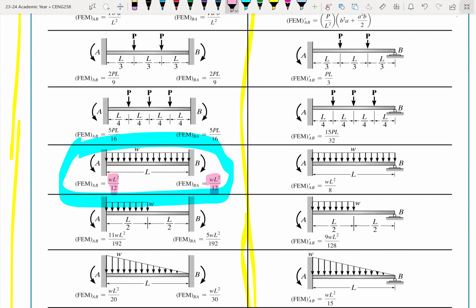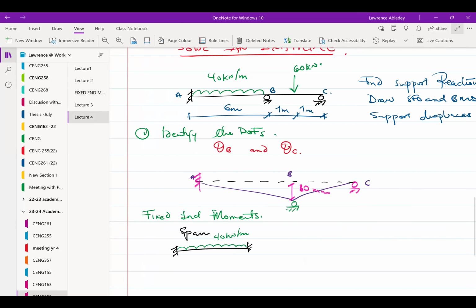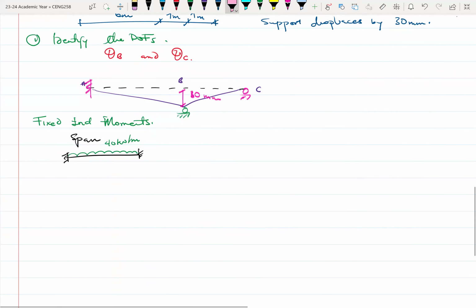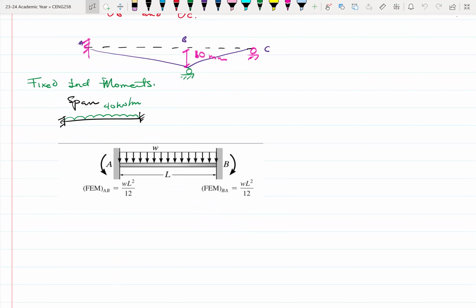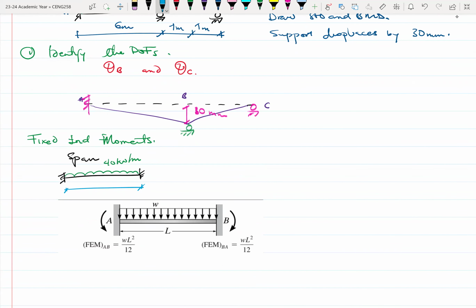Let me go to what we're looking at. So this is a fixed end moment. My W is 40. The L in this case would be the length of the span, which is 6 meters.